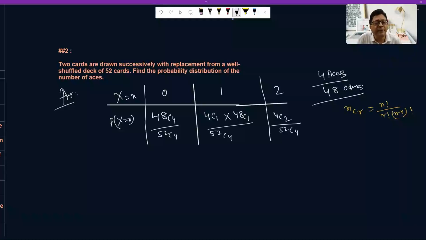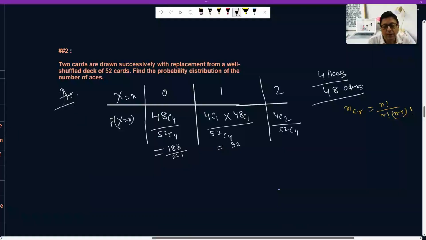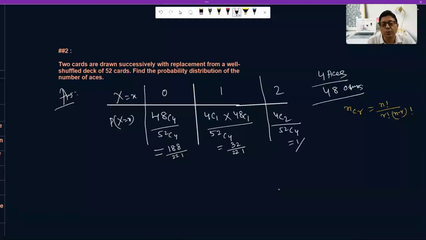If you find the values, 48C4 by 52C4 is equal to 188 by 221. This will be 32 by 221, and this will be 1 by 221. Just use this formula and put the values in every case, then you will get this.